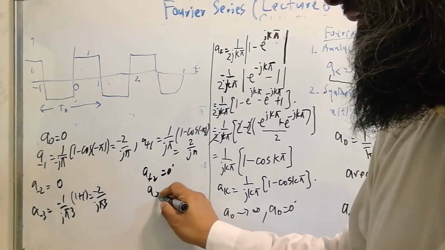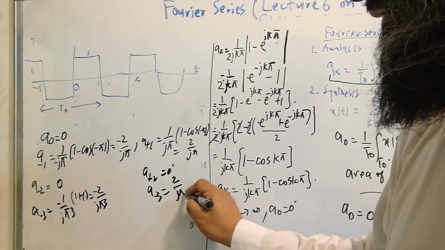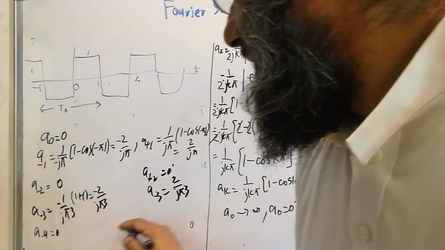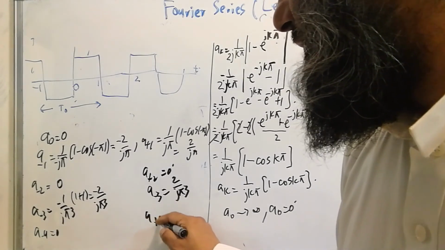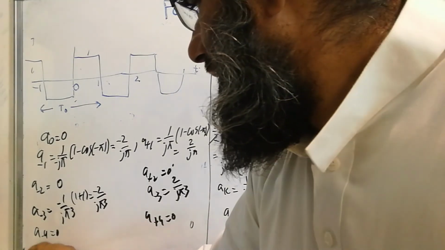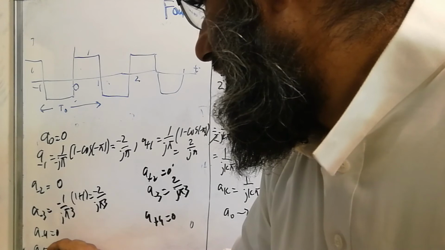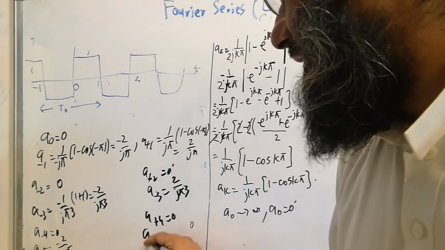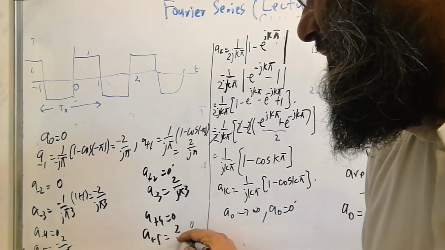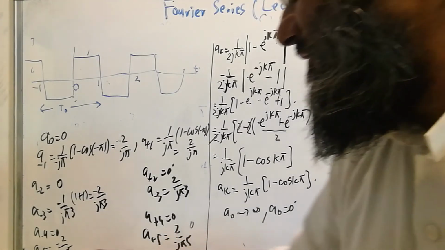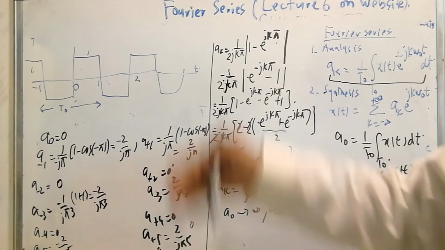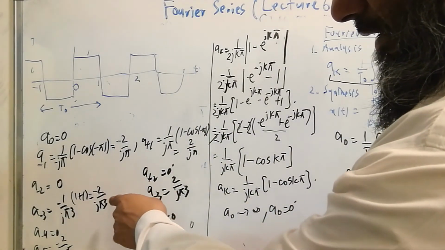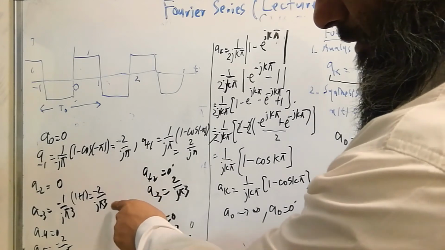And a plus 3 will be 2 over j pi 3. a minus 4 will be 0, and a plus 4 will also be 0. a minus 5 will be minus 2 over j pi 5, and a plus 5 will be equal to 2 over j pi 5, and so on. So these will continue to infinity, but now we know the trend.